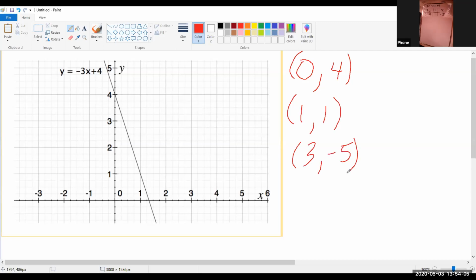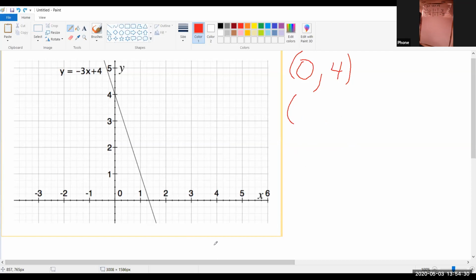All right? So the point (0, 4) would be right here. And then (1, 1): 1 on the x-axis, 1 on the y-axis, that's right here. And of course, (3, -5) would have been somewhere down here at the bottom, but we don't have graph paper for all of that. Okay, so that would have been that.